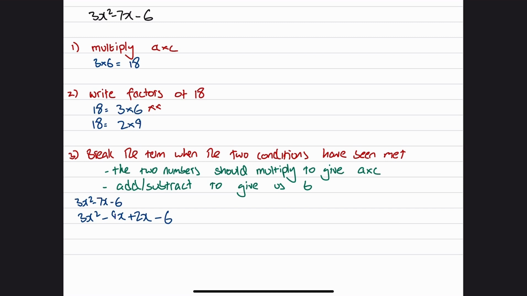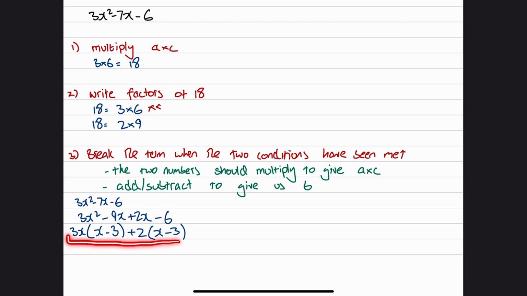So we take the common factor from the first two terms, which is 3x, and factorizing out 3x from 3x squared, I'll be left with x. And if I factorize 3x out from 9x, I'll be left with minus 3. And 2x and minus 6, the only thing they have in common is 2. So I'm left with x minus 3.